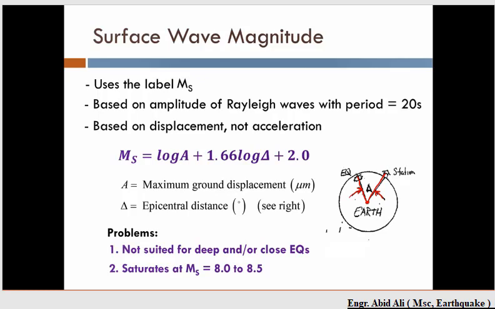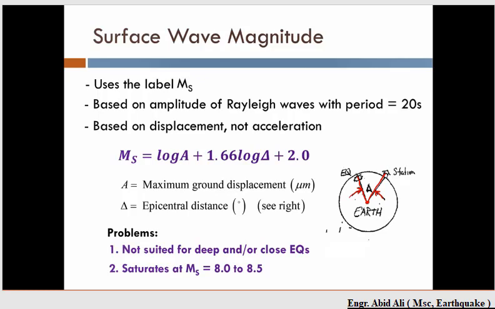And by close, I generally mean less than 50 kilometers. For earthquakes that close, the surface wave magnitude is terrible. And why is that? Well, because body waves are what's reaching your instrument, not surface waves.